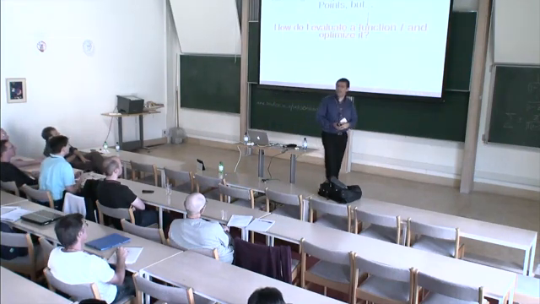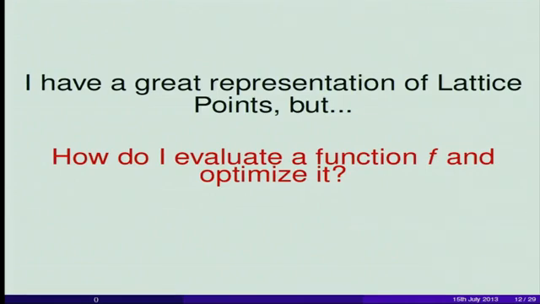Okay. So now people are thinking, you have this really awesome representation of the lattice points as a rational function, very compact. How do I use that to do optimization, right? So let me just write the theorem again here. On one hand, it's a beautiful schizophrenic representation.